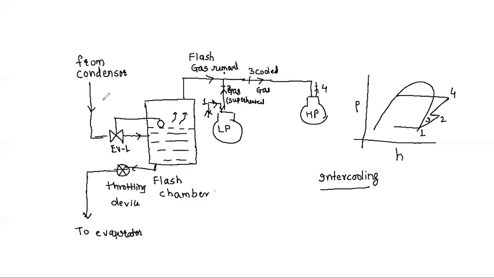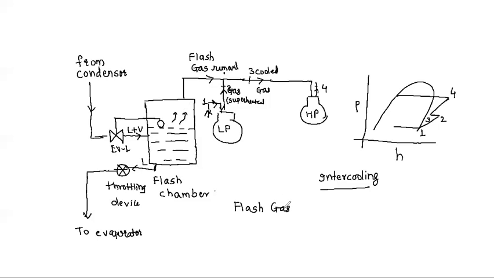We are instead sending the refrigerant from the condenser into the expansion valve 1, and this high temperature gas, it's actually a liquid plus gas combination, enters this flash chamber, and these vapors are removed, and what is left is the liquid. So this arrangement also achieves what is known as flash gas removal.